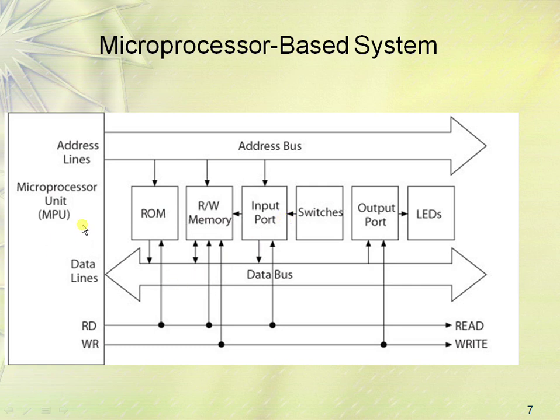Because the processor can send information to the peripherals, as well as receive information from the peripherals. That is why it is a bidirectional bus. And there are read and write control signals. Along with these, we can also represent some other signals like request signals and acknowledgement signals. So this is how we can design a system based on a microprocessor by adding some external peripherals.